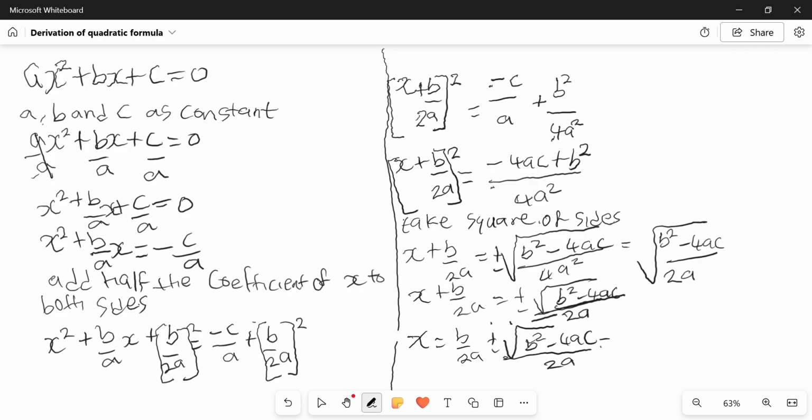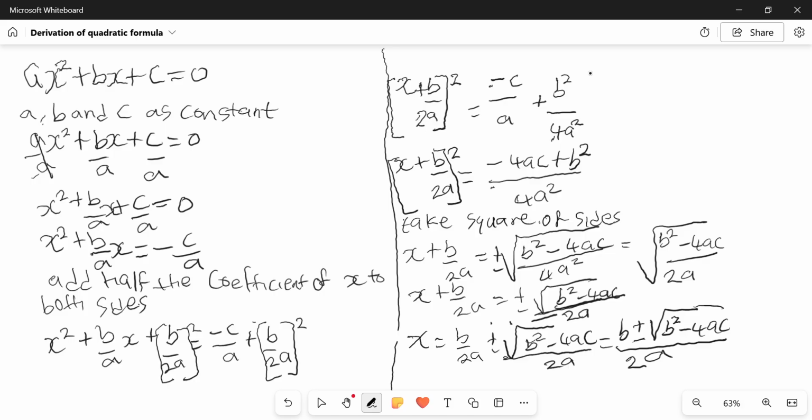So if you take your LCM, you'll be having this as minus b plus or minus root b squared minus 4ac all over 2a.